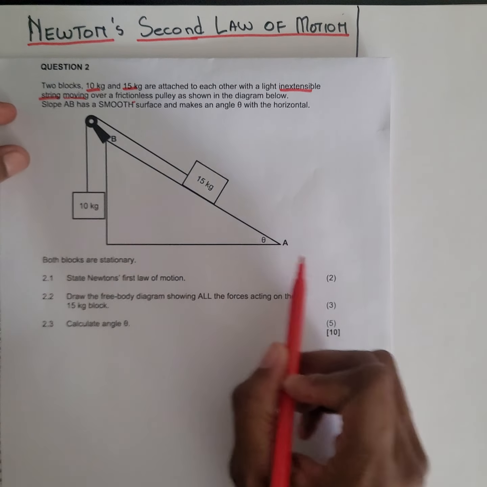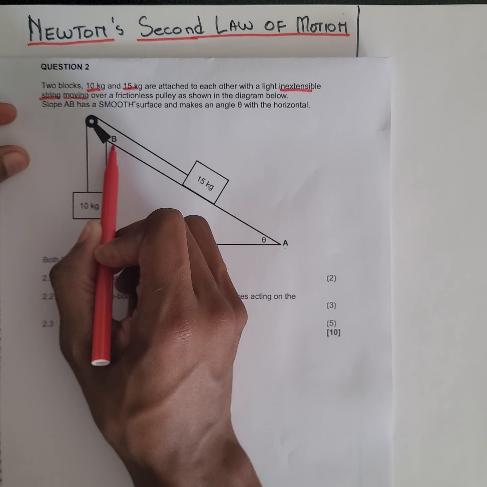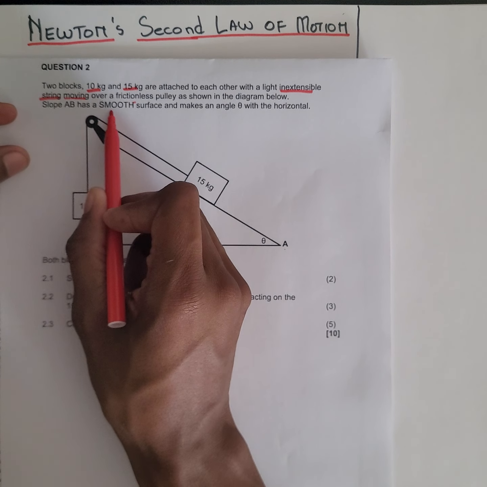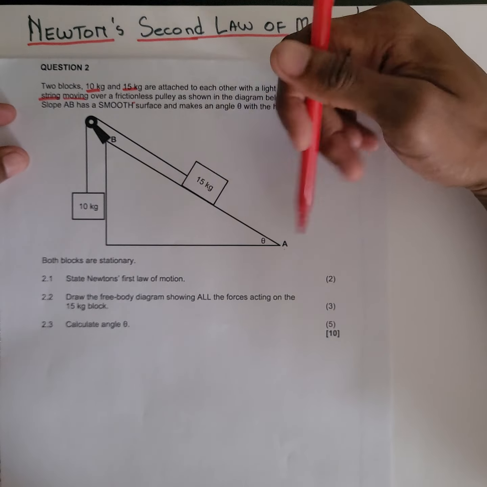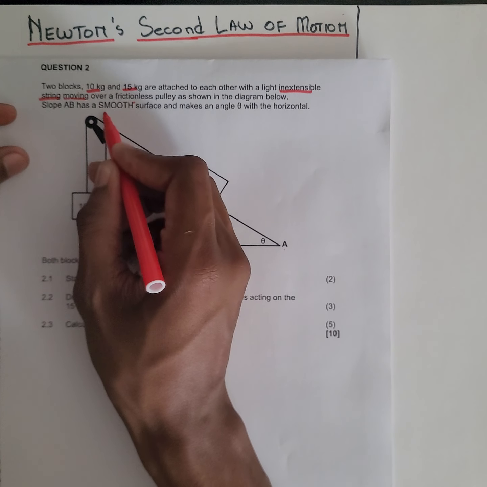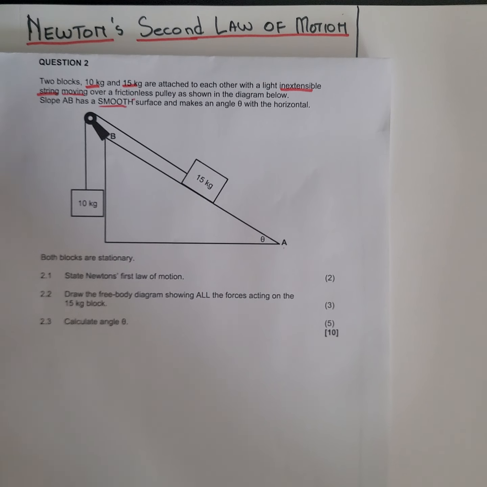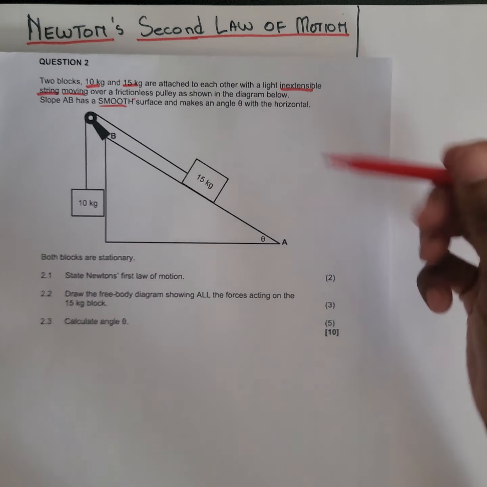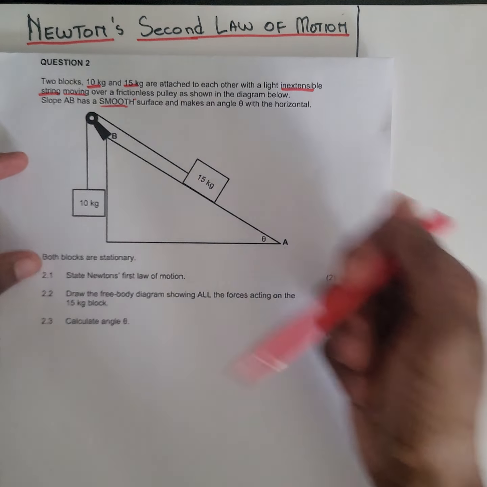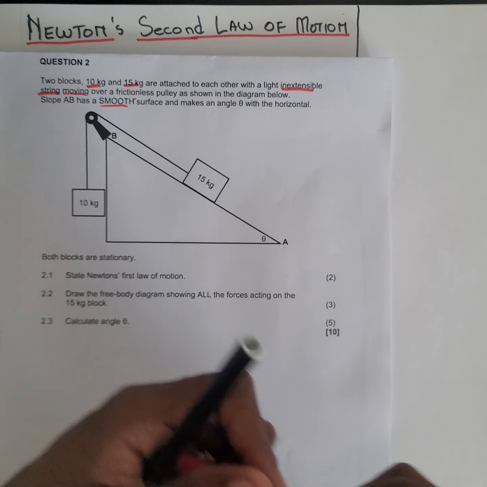Slope AB, here is A, here is B, has a smooth surface, meaning that this surface of ours is smooth. It does not have any friction. And then it says it makes an angle of theta with the horizontal. And here, that is our diagram.